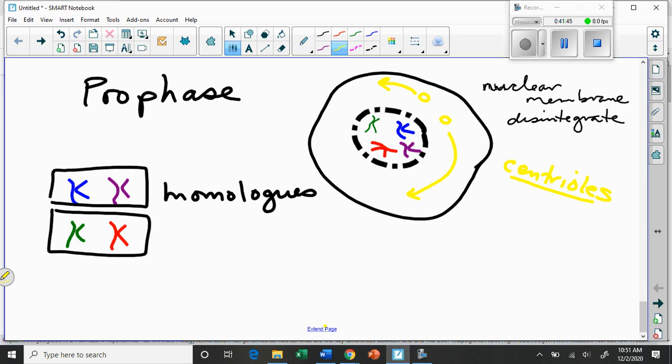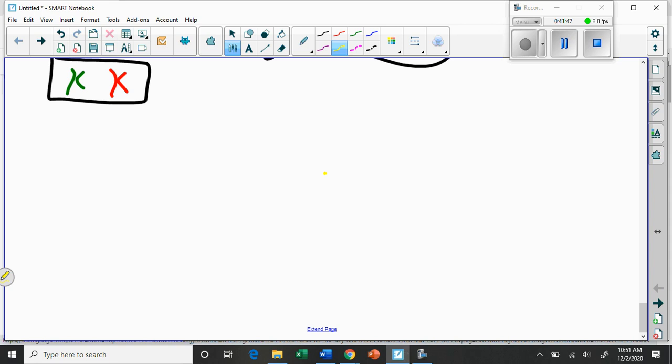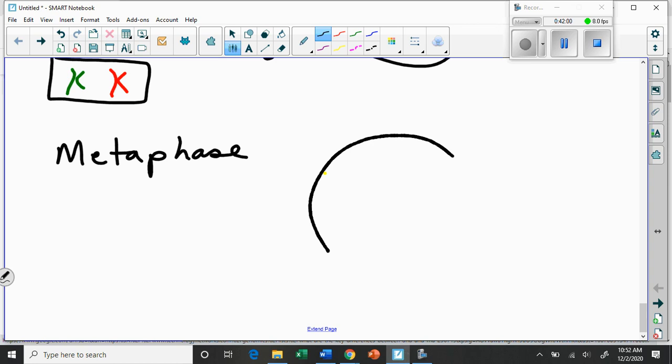Okay. Now we got to get to metaphase, which is the next stage. Metaphase. In metaphase, the whole cell is just sort of beginning to elongate, but not much. What's happening is the centrioles have moved to the ends.